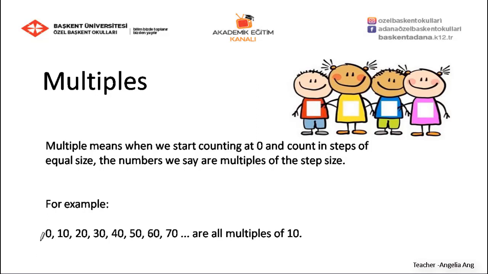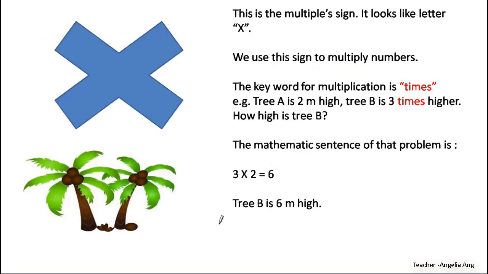For example, 0, 10, 20, 30, 40, 50, 60, 70 are all multiples of 10. This is the multiplication sign. It looks like a letter X. We use this sign to multiply numbers.